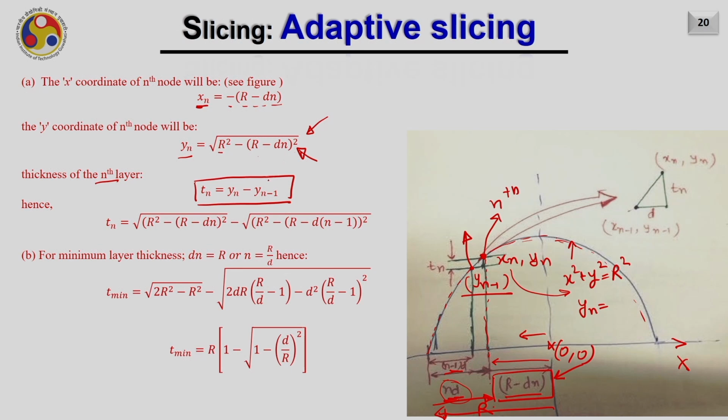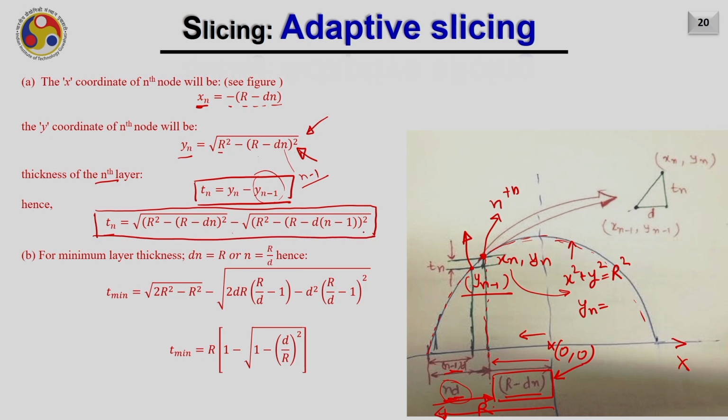Now we can easily find out yn minus 1 also, just by replacing n by n minus 1, and hence your Tn will be equal to the square root of R square minus (R minus nD) whole square, minus the square root of R square minus (R minus (n minus 1)D) whole square. So this expression is giving us the thickness of the nth layer.